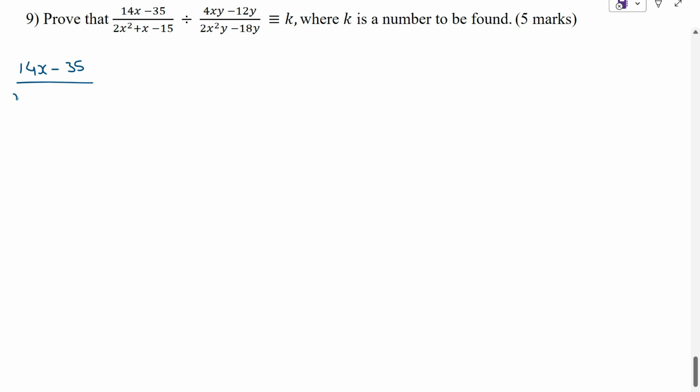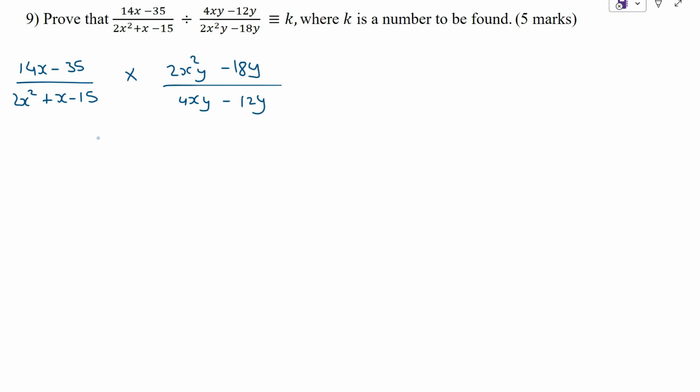Let's go through it step by step. And we're going to multiply this by 2x squared y minus 18y over 4xy minus 12y. Okay, so now we've got our fractions in the right order.